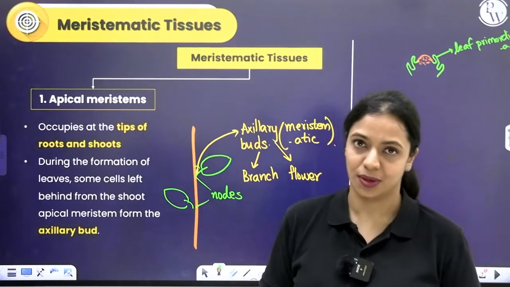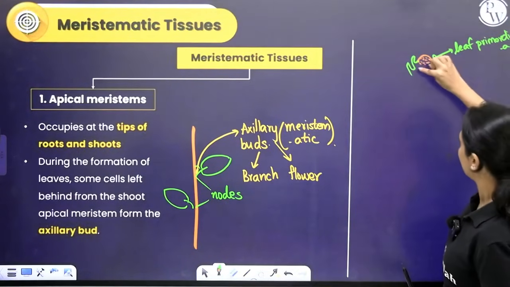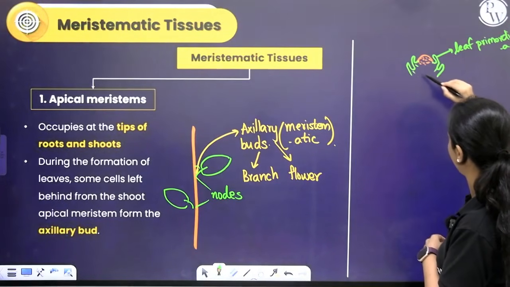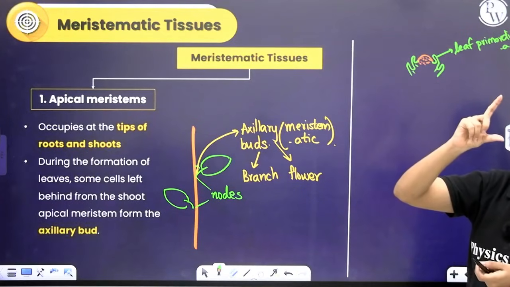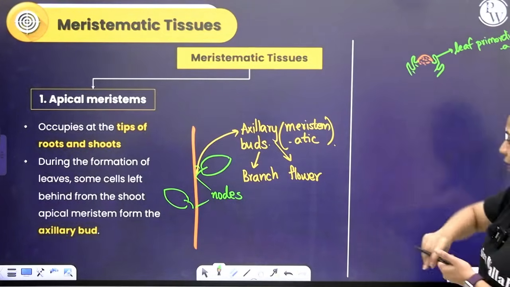leaves in the future. How do they become leaves? What happens when they become leaves? This region between this leaf primordium and this leaf primordium will start elongating. It will start becoming longer. Okay, so that internodal region will start elongating, increasing in length.